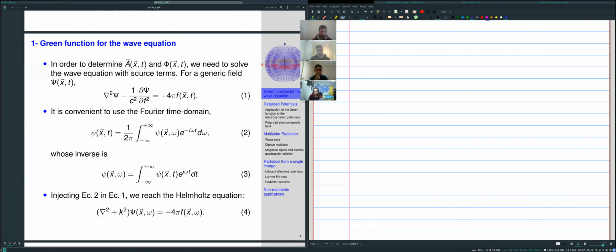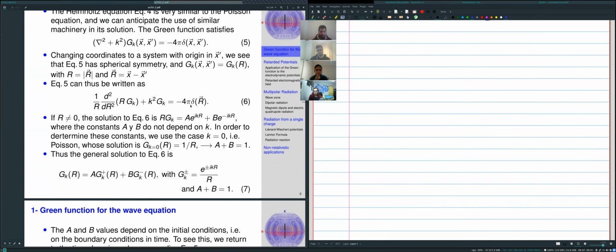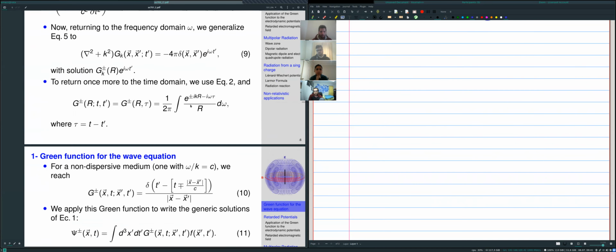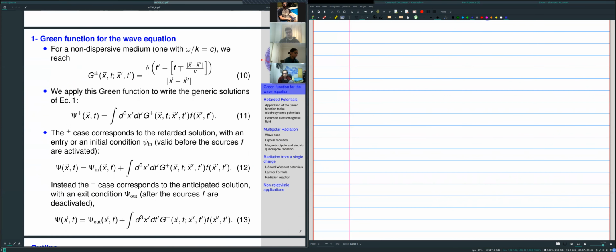And for A, the source term is just the current density. For the electric and magnetic field, the source term is a bit more complicated. So this is the general solution, but we have these two cases, plus and minus. Now this is tricky. Let me see if I can remember this correctly.